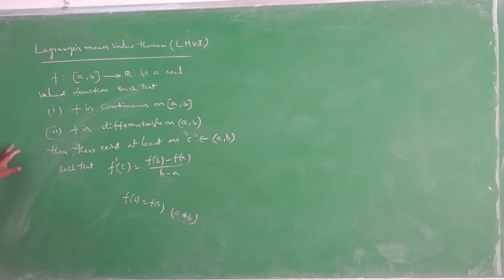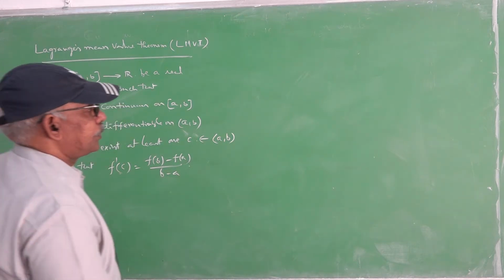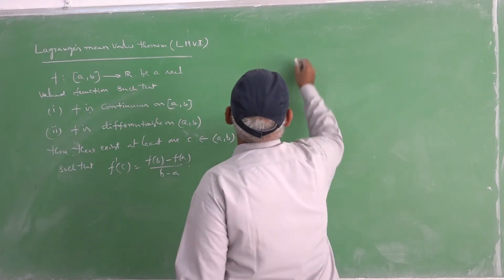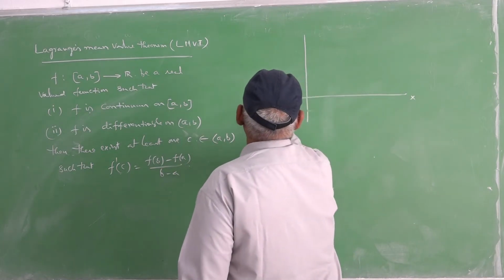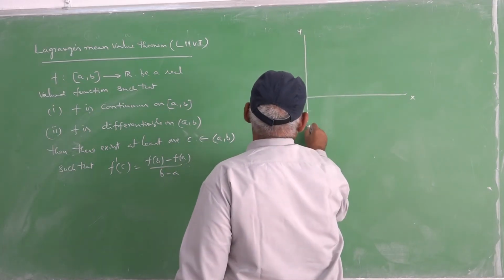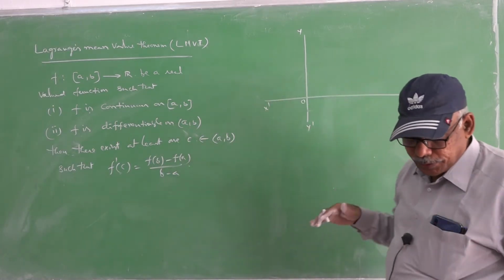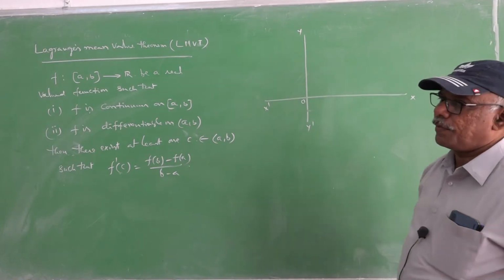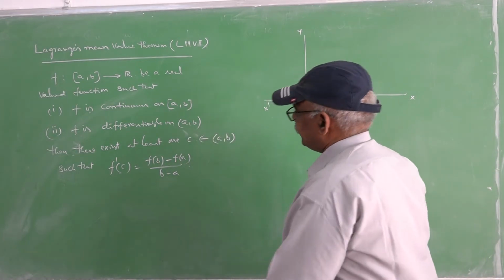Geometrically, the Lagrange's mean value theorem: once the graph of the function is continuous and at each and every point in the domain the derivative exists, it means the tangent exists at each and every point of the graph that lies between a and b.